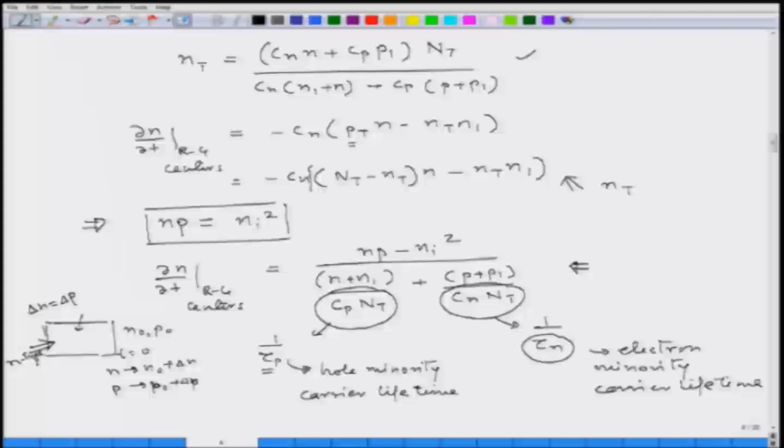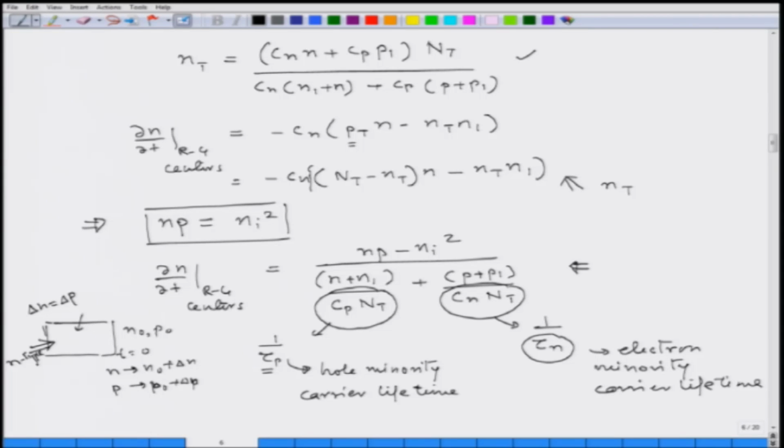So, these terminologies which we started with in trying to define the R-G process, from here we get a physical meaning for what this capture cross section signifies for the minority carriers. If you have a minority carrier in a material, then this tau p is the average lifetime that minority carrier is going to survive.